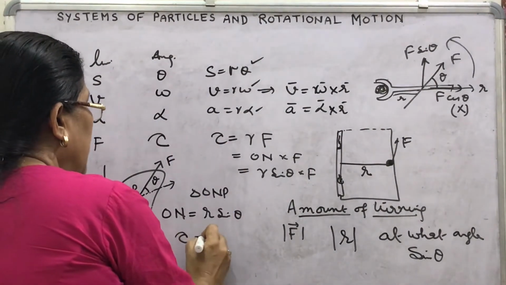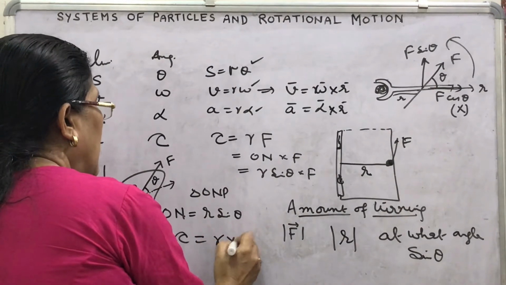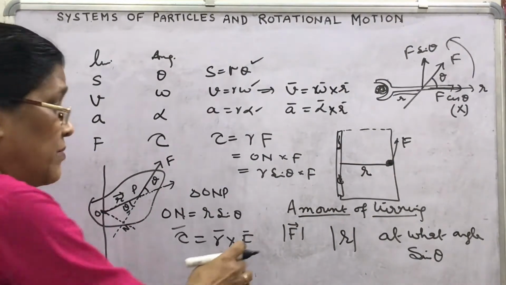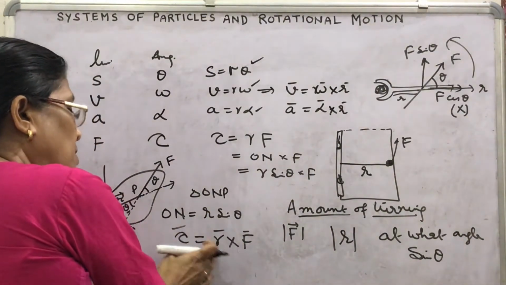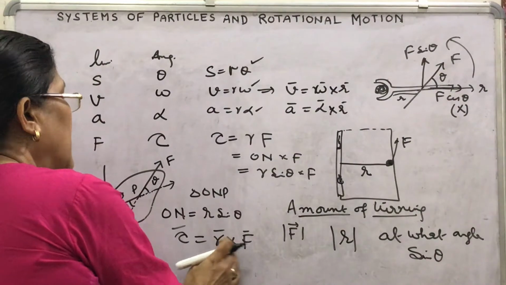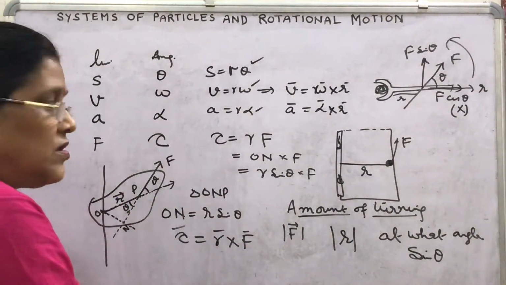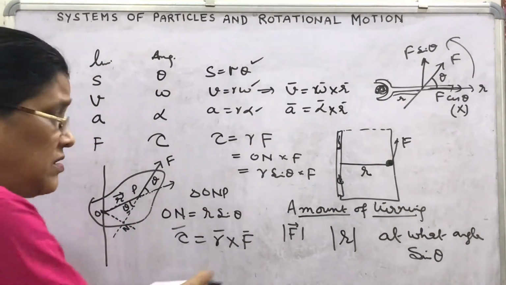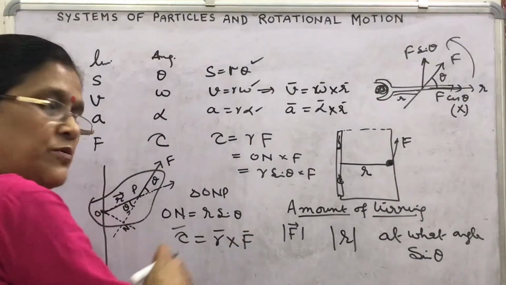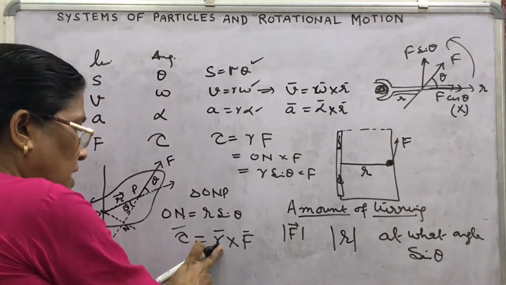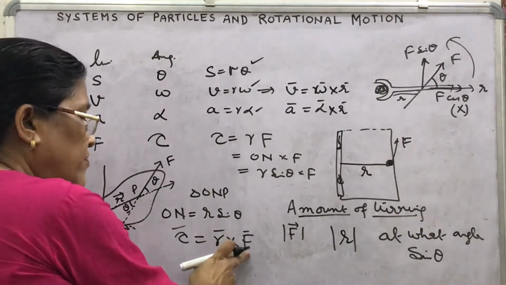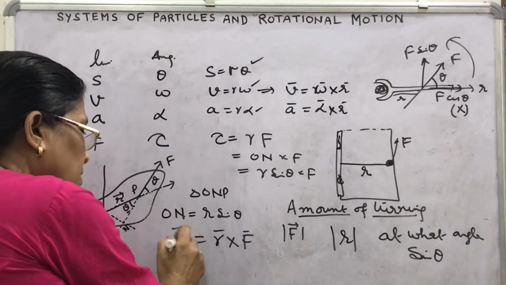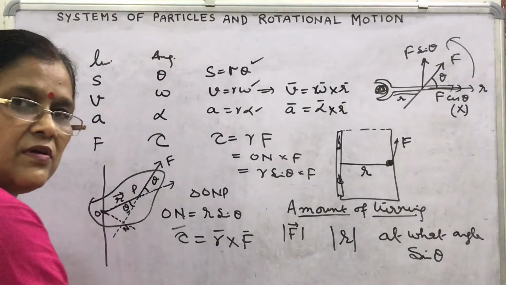This torque is given by R cross F. You know, a vector product is a vector perpendicular to the plane containing R and F. Which two pairs have a dot product of 0? Torque dot R will be 0, torque dot F will be 0. Why? Because this torque is perpendicular to both R and F.